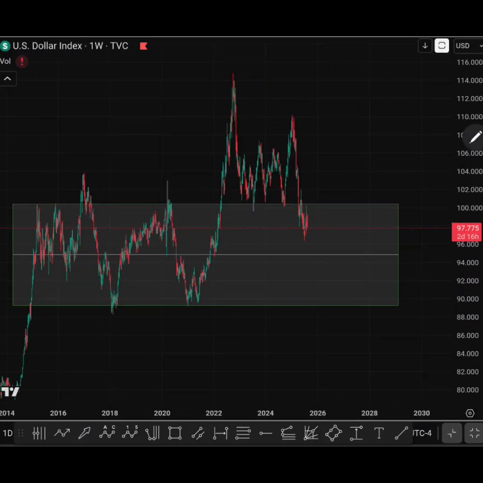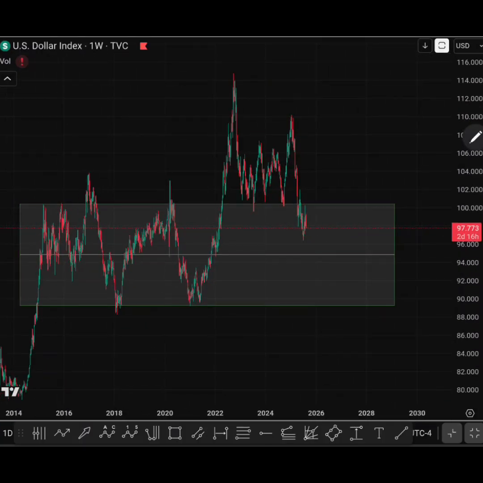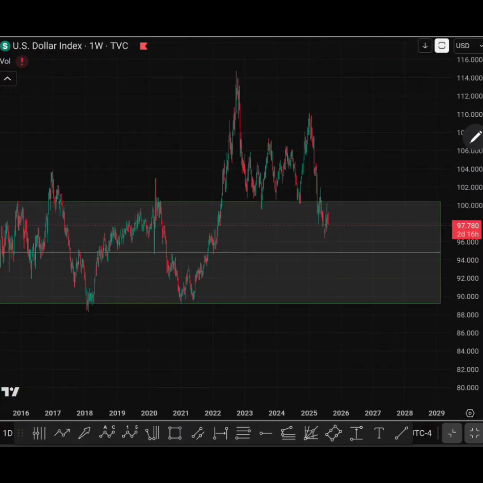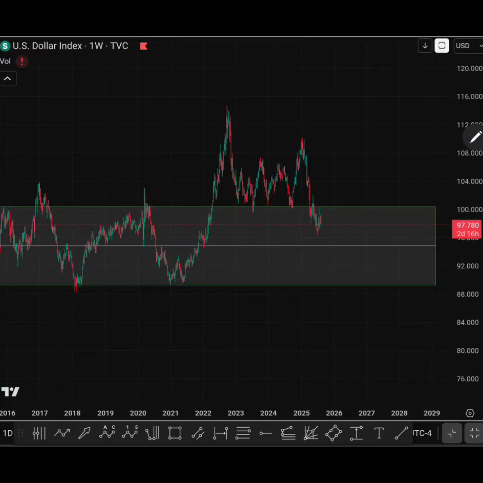Any time you have any asset, basically any chart, once you see price get acceptance back inside of the trading range that it was in before, you should target the lower liquidity, which would be down at the 87, 88 area. I don't know how quickly that goes. It could be immediate, but this looks like a sell setup with a target down there for now.